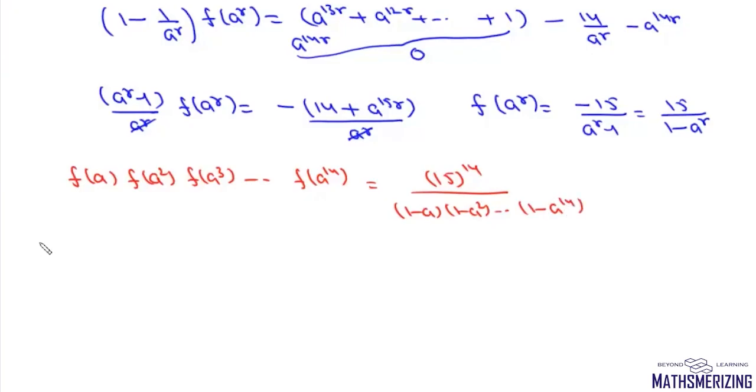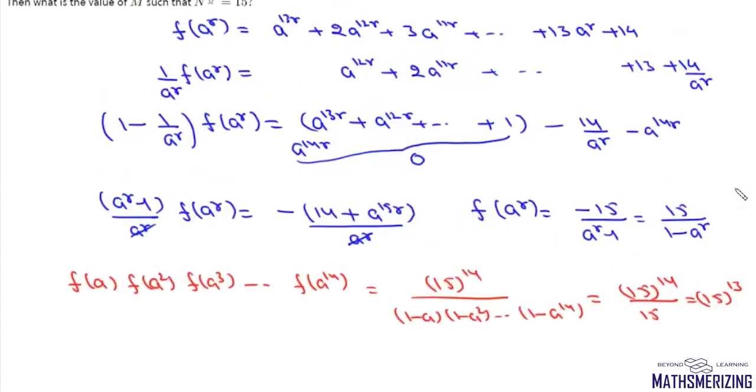Now we know that (1 minus alpha) (1 minus alpha square) up to (1 minus alpha to the power n minus 1) is nothing but n. So this value in the denominator will be nothing but 15. So this is 15 to the power 14 upon 15, and that is 15 to the power 13.